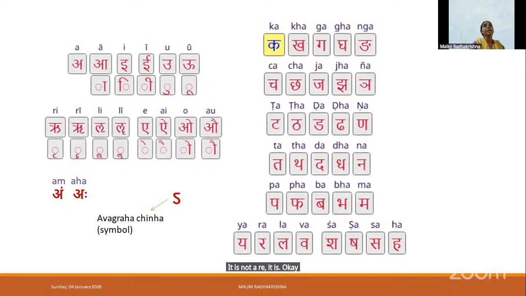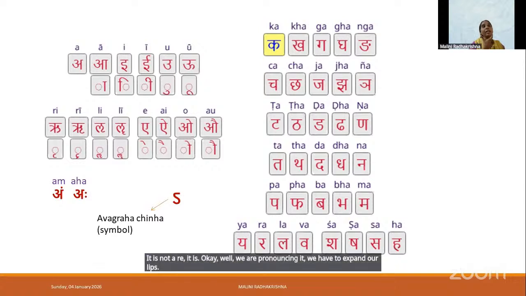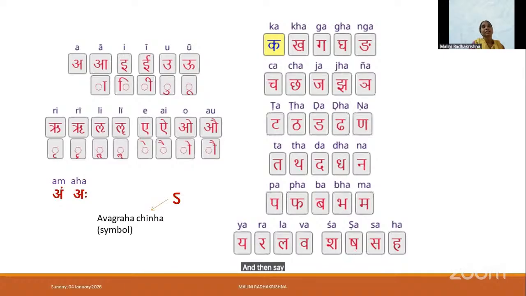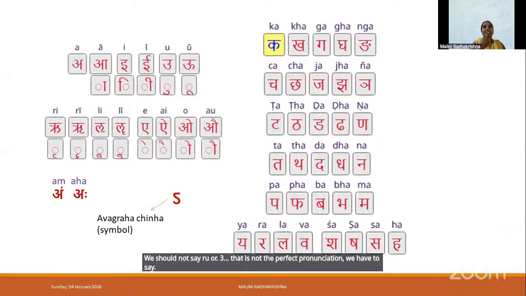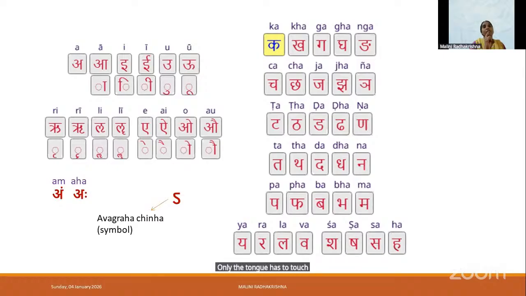When we are pronouncing it, we have to expand our lips and then say r. The sound has to come in between our teeth and lips. We should not say ru or re. That is not the perfect pronunciation. We have to say r only. The tongue has to touch our upper jaw.